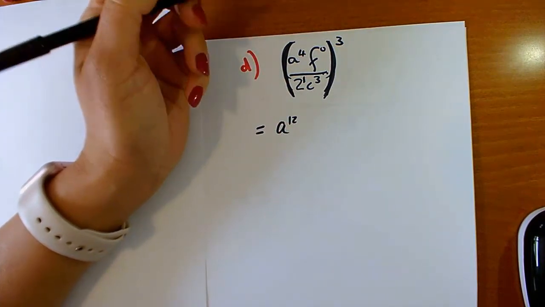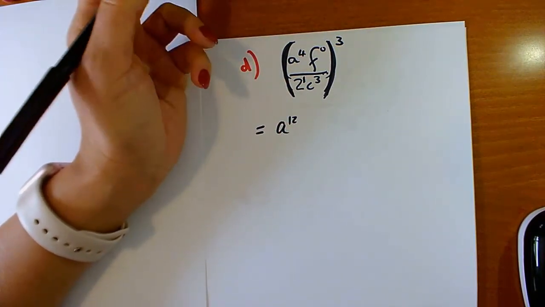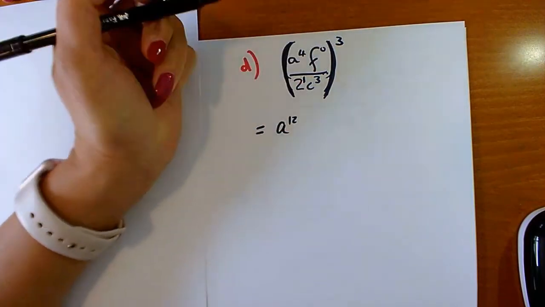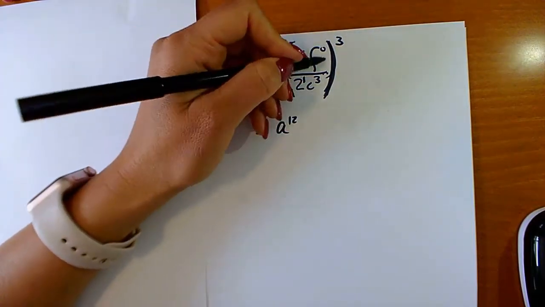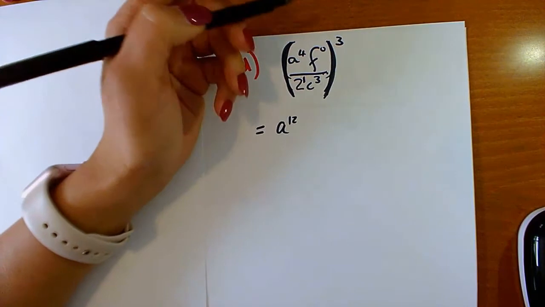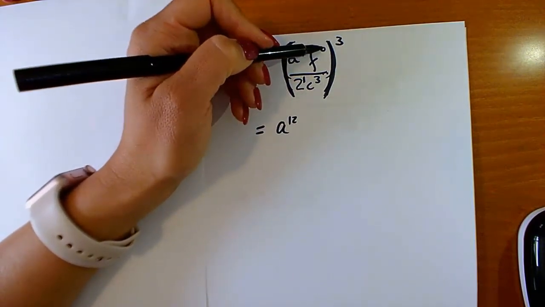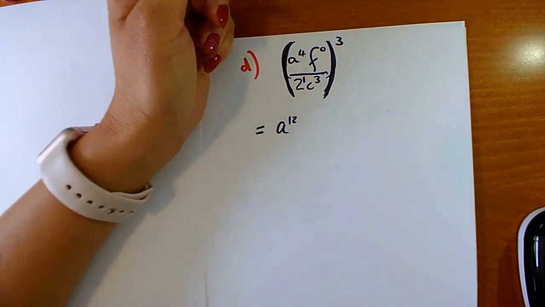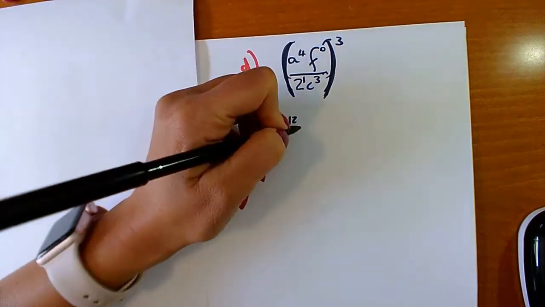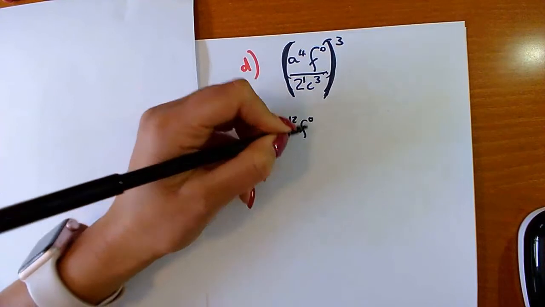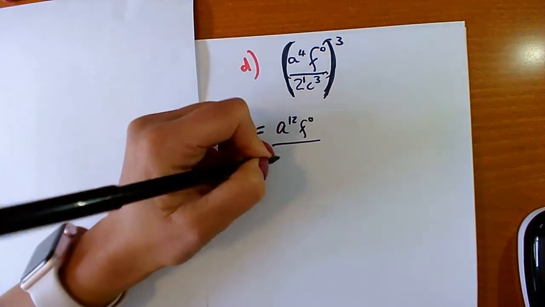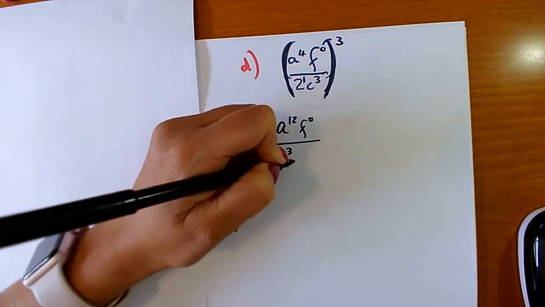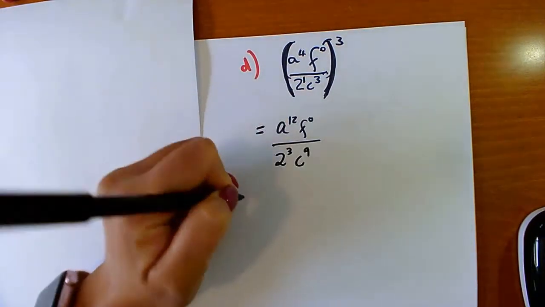That is just going to be 0, because it's 0 times 3. Normally, on its own, that would be 1, yeah? But because it's a power of 0, we want to raise it. So f to the power of 0, 0 times 3 is 0, 2, and c to the power of 9.